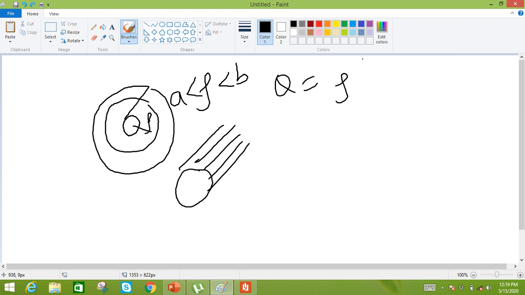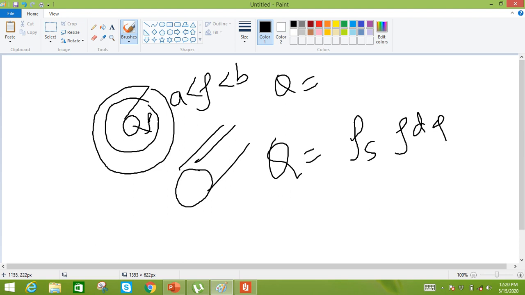Let me mention it again. Q will be equal to the surface charge density into the area of the surface. But to integrate the area, we first take a differential area. So it will be equal to ρ dφ dz, and we will take a double integration, 0 to 2π and 0 to L.